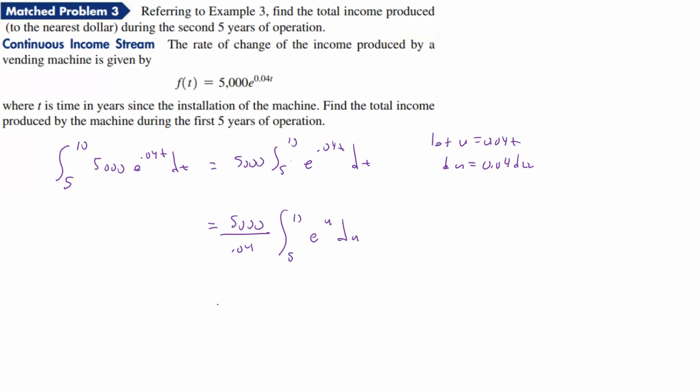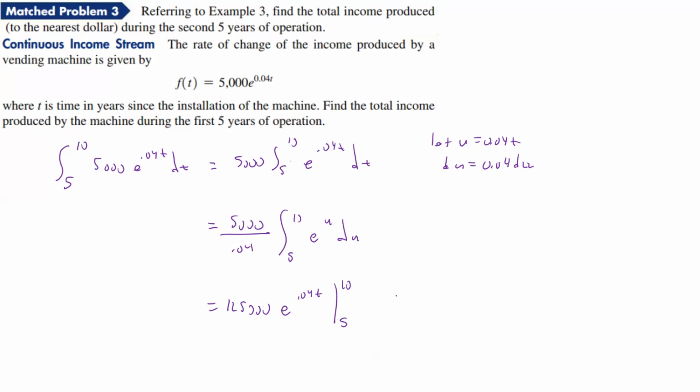Let's first figure out what 5,000 divided by 0.04 is. That's 125,000. And then it's going to be e to the u. Well, u is 0.04 t, and that's going to be evaluated from 5 to 10.